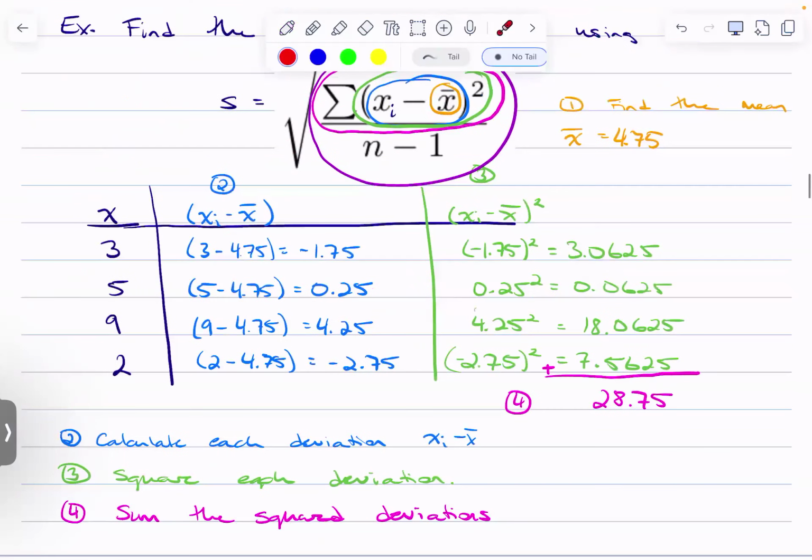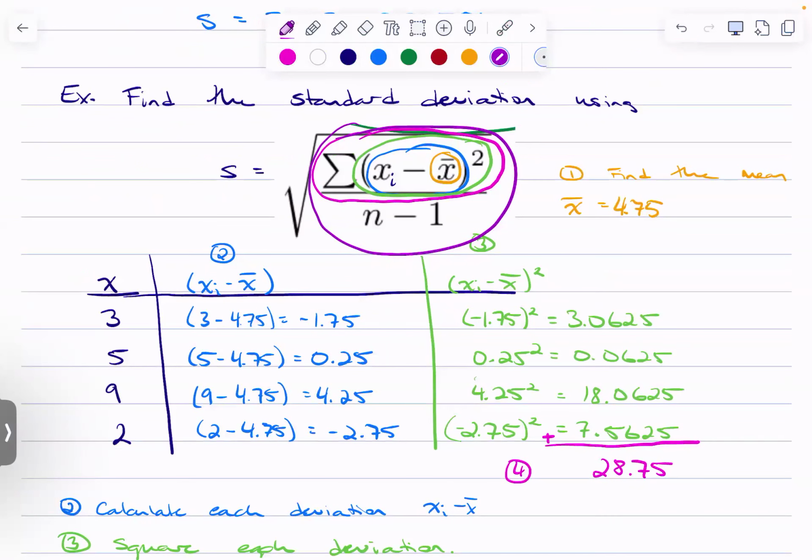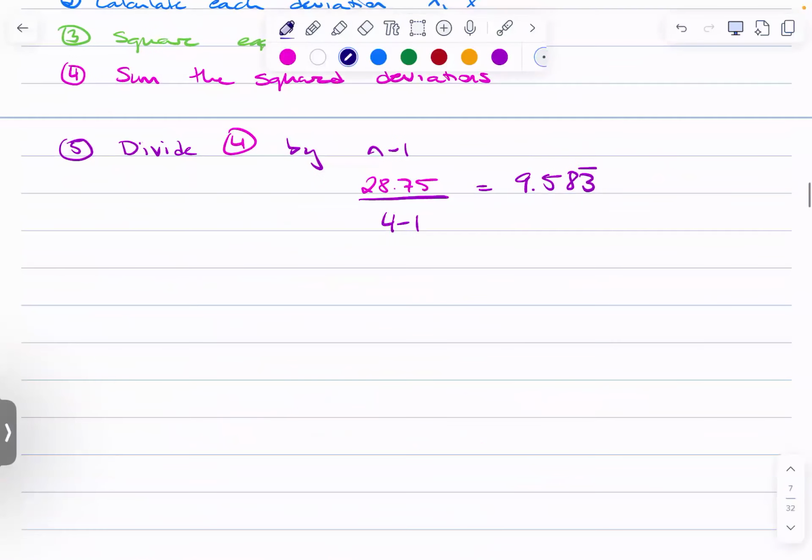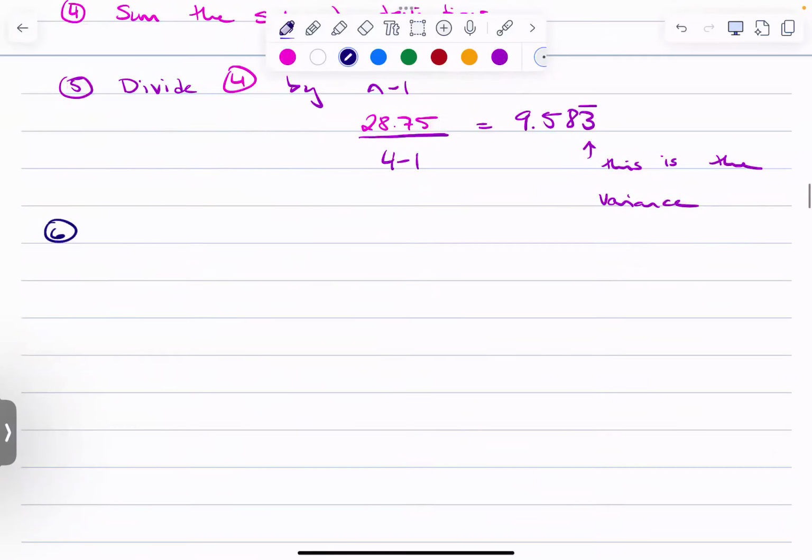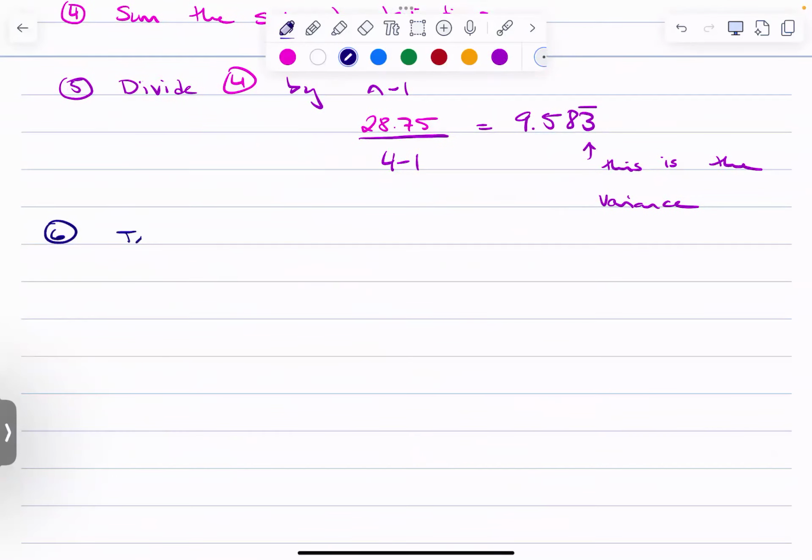So now finally, do I use a womp color? Dark blue, how about? But I'll make a note here. This is the variance. And then step 6 is take the square root of step 5.